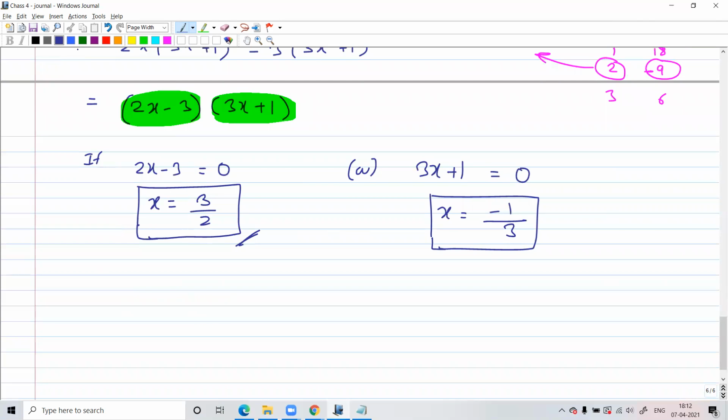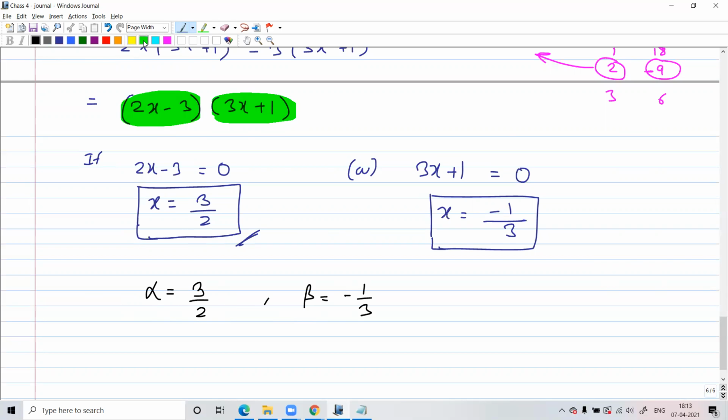So now we have found the two zeros of the given polynomial, and let's try to put them in the notations also. We have been using the notation alpha and beta for that. So let alpha be equal to 3/2 and beta is -1/3.